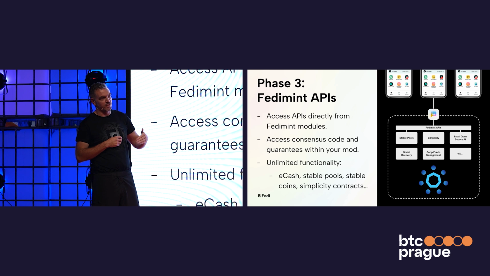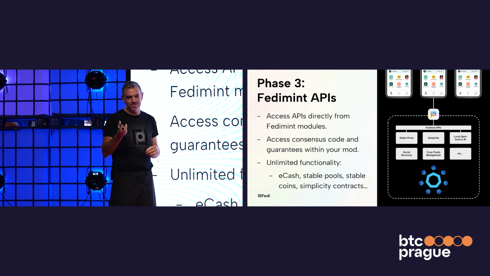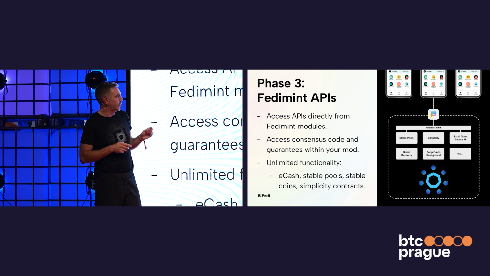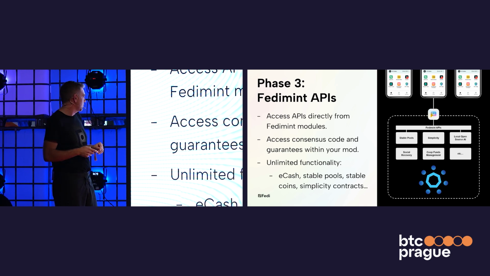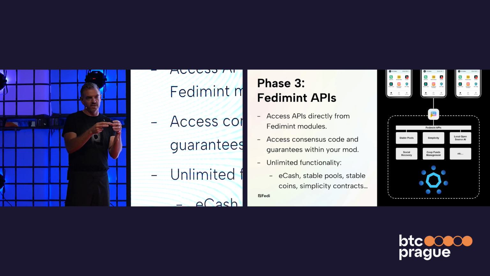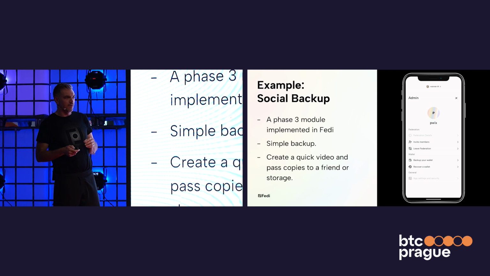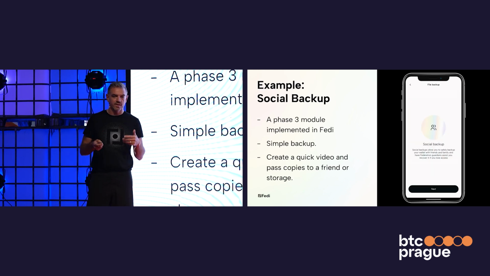What's more, you can anonymously fund that open source AI with eCash, and it can use that eCash to go and pay another robot further down the line to do jobs for it. So there's a lot of flexibility we get in this model. And so this is the end goal of phase 3 that we're going to be working towards throughout this year. And effectively, it will give your web app access to all of the consensus code that is running inside that federation.